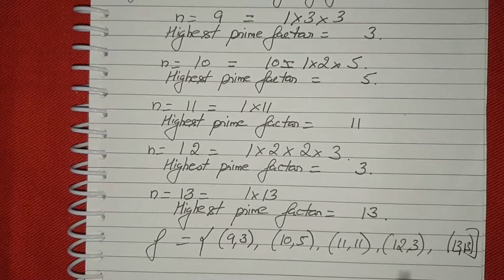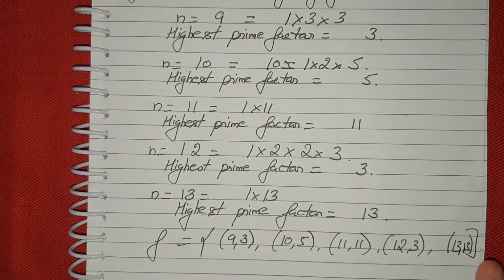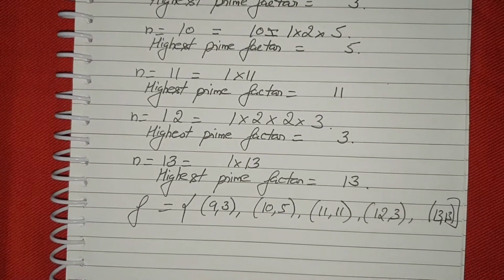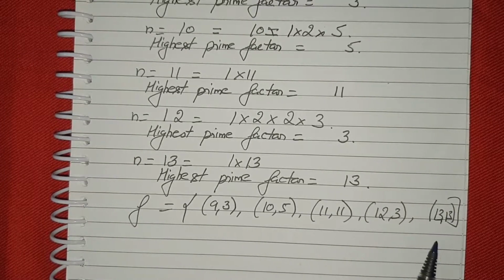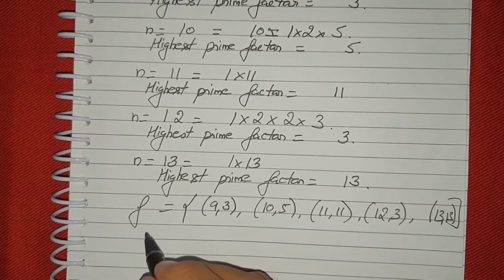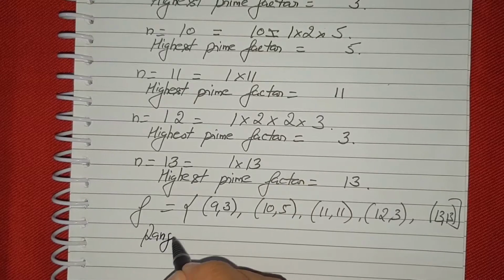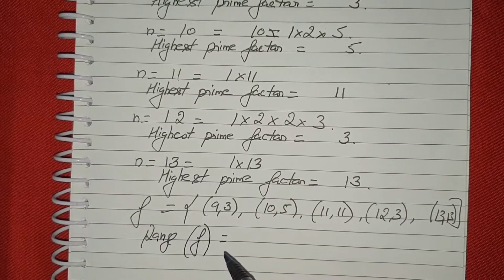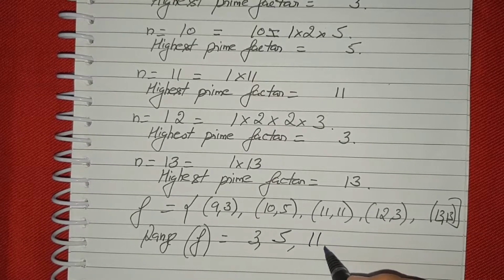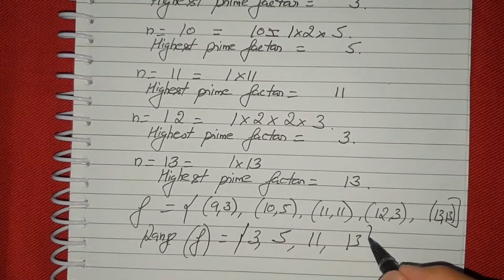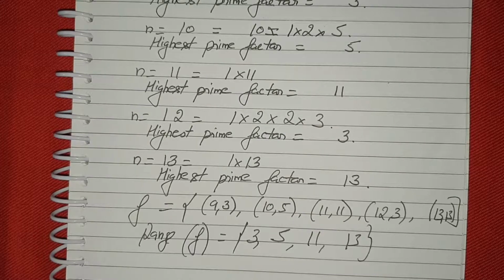Now this is a function because no first coordinate is repeated and they all have unique images. So the range of f will be 3, 5, 11, 13. So this is the range.